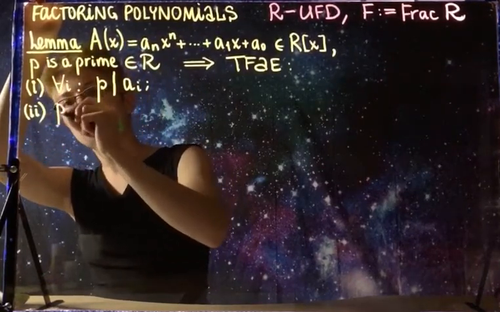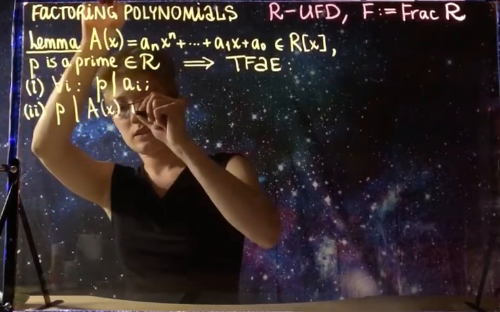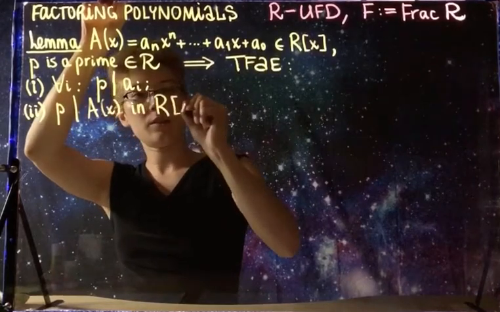Second, P divides the whole polynomial A of x in R adjoin x.